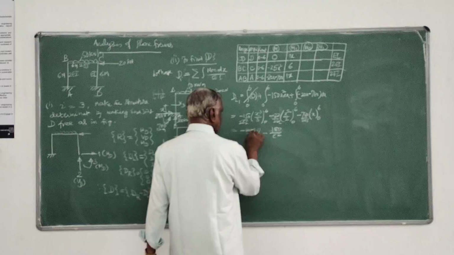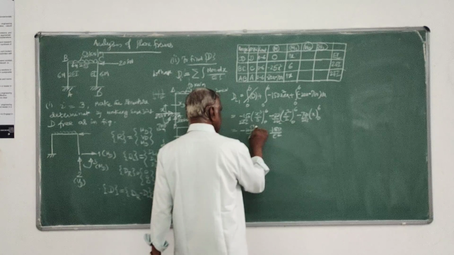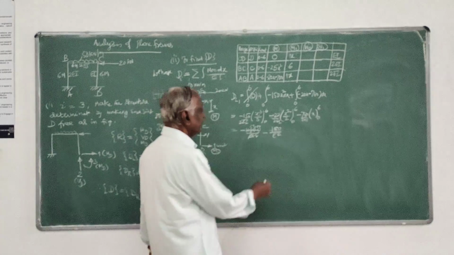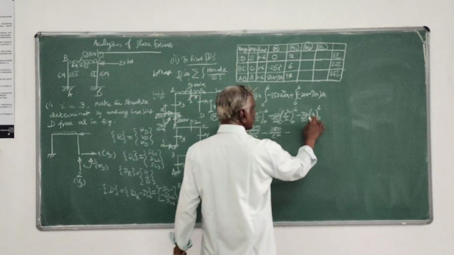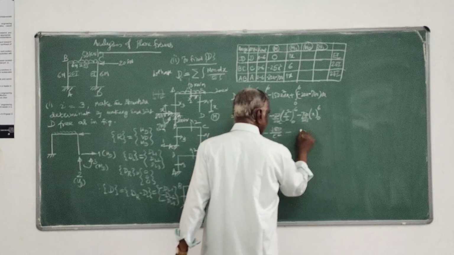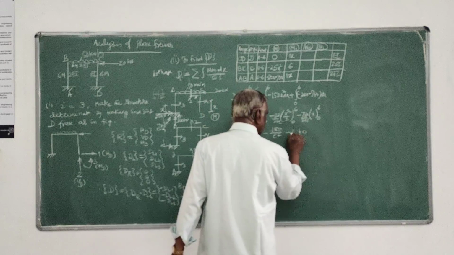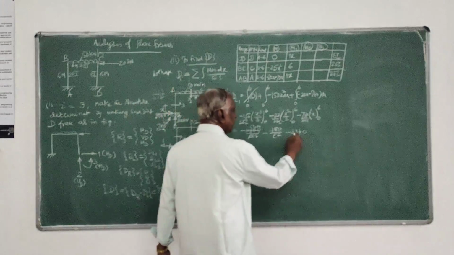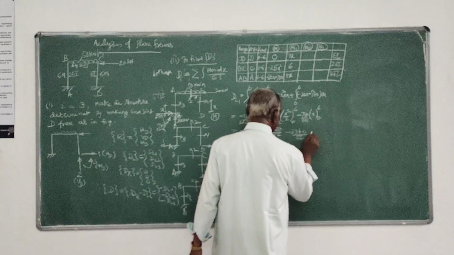Here also you can take it as 5,400. Here it is minus 180. And here it is 6. 6 divided by 2, 3. 3 into 780. 2340. 2340 divided by EI. Now you can sum up this.